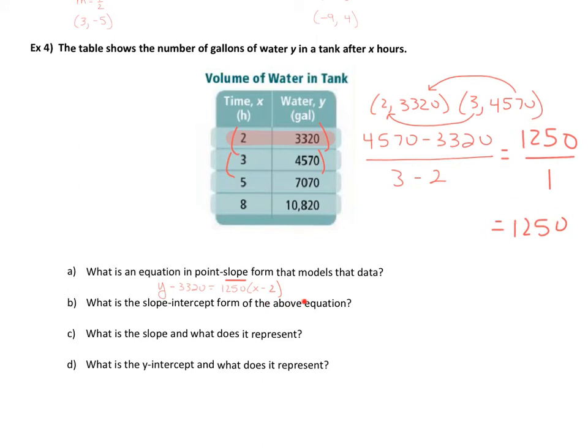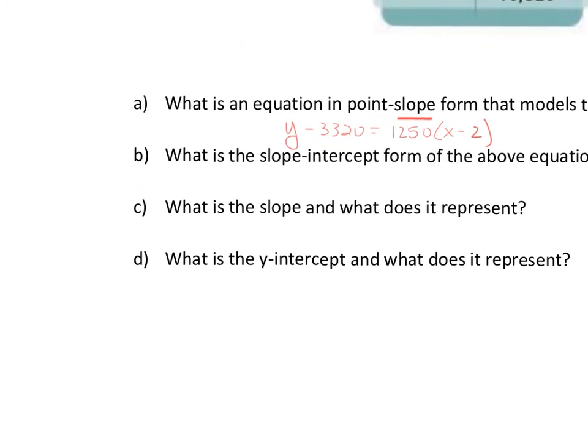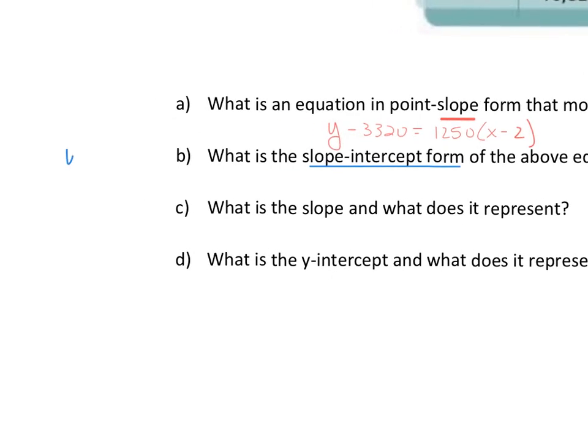Now in this case it says slope-intercept form. We've got to know what slope-intercept form is to answer the question. Keep in mind that that is y equals mx plus b. So what they're really wanting you to do is get that y by itself. They're just asking you to solve for y.